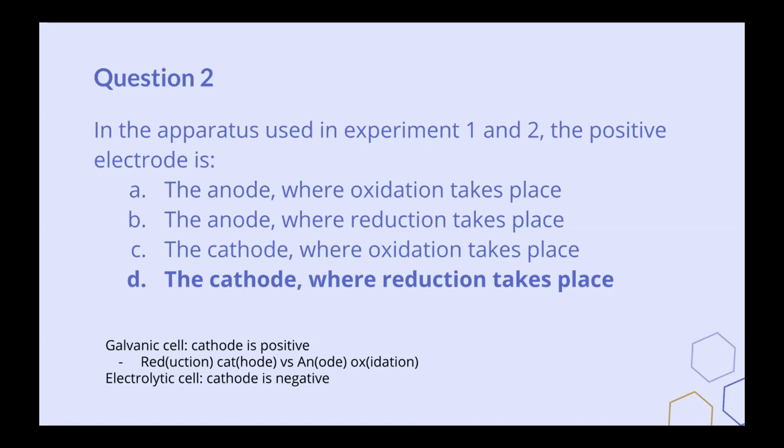I know some people use oil rig, but I like this mnemonic more. So reduction occurs at the cathode and oxidation occurs at the anode. So the positive electrode is the cathode where reduction takes place. Again, D is our answer. In electrolytic cells, the signs of the cathode and anode are switched because the battery pumps electrons away from the anode, making it positive.